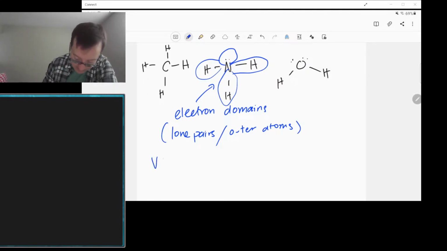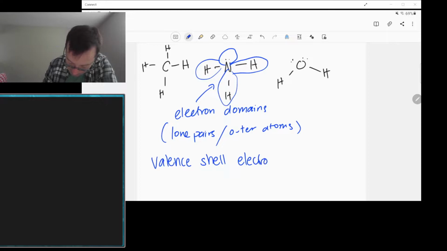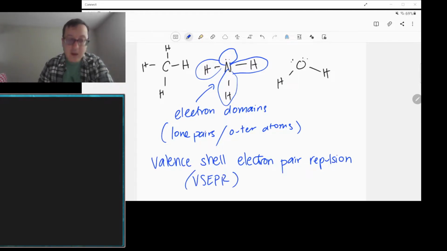And this is called valence shell electron pair repulsion, or VSEPR. Some people call it VSEPR, but that would be like switching them around.